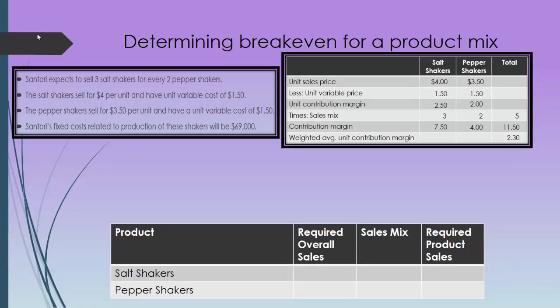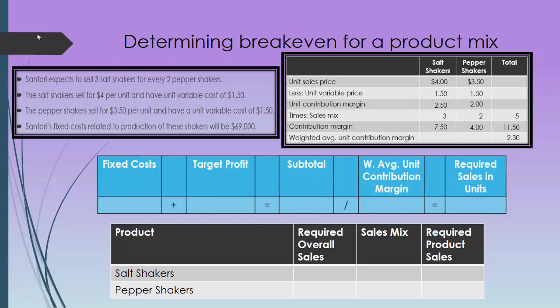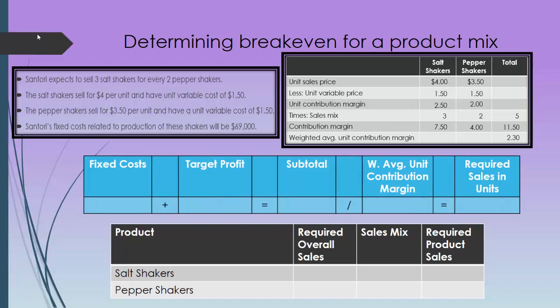First things first, let's determine our break even for product mix. We have all of our information that was given in the question. We also have calculated what our weighted average unit contribution margin is. Well, now if we go through and use this information, we can figure out our required sales in units, which in this case is going to be our break-even point units. Their fixed costs are expected to be $69,000.